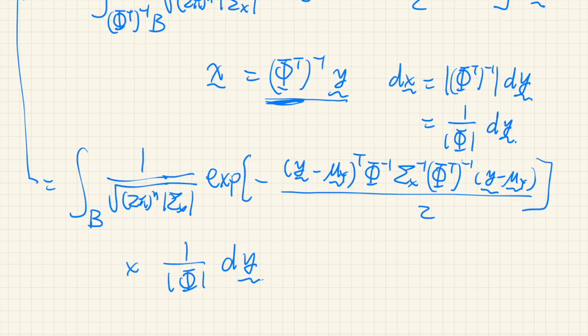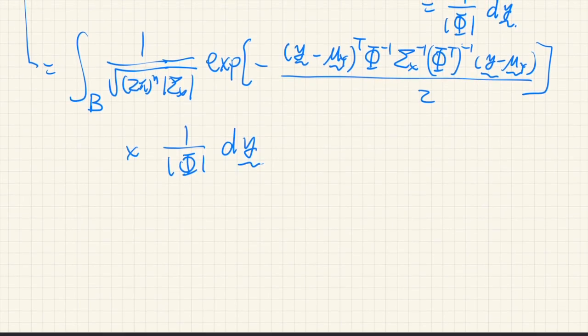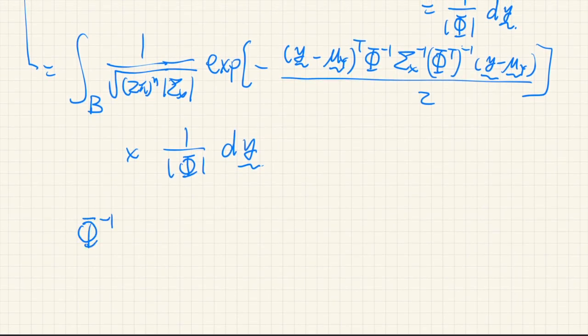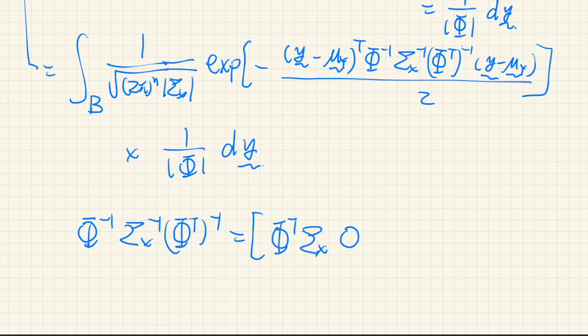Now let's consider this part. So this one, phi inverse times sigma x inverse times phi transpose inverse, is the inverse of this: phi transpose sigma x phi, so everything inverse. But remember, this is sigma y, so the covariance of the random vector y, so it's this.